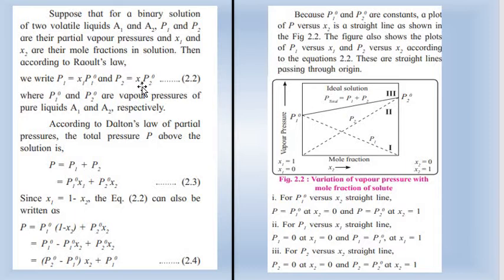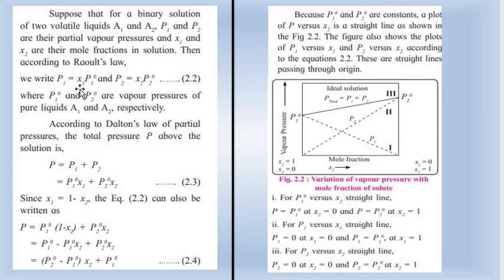Now let's understand what happens if we plot a graph for P1 equals x1 multiplied by P1 naught. This is vapor pressure, this is mole fraction, and let's suppose the least value of x1 is 0.